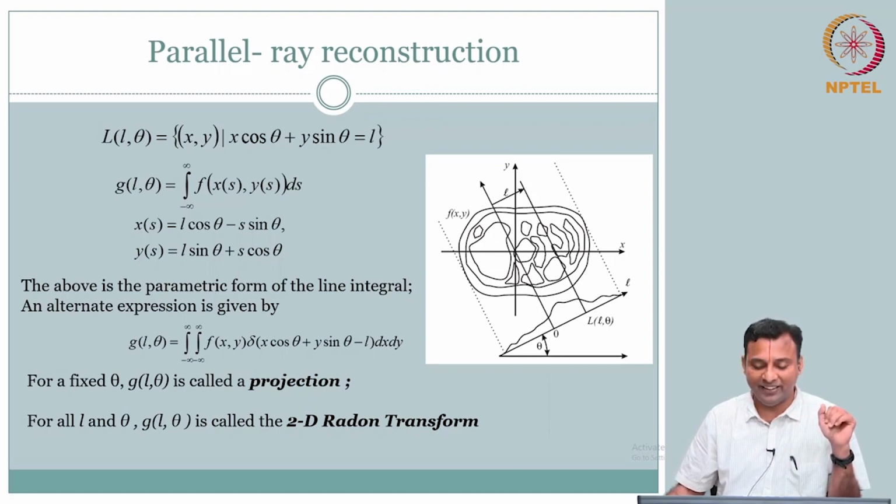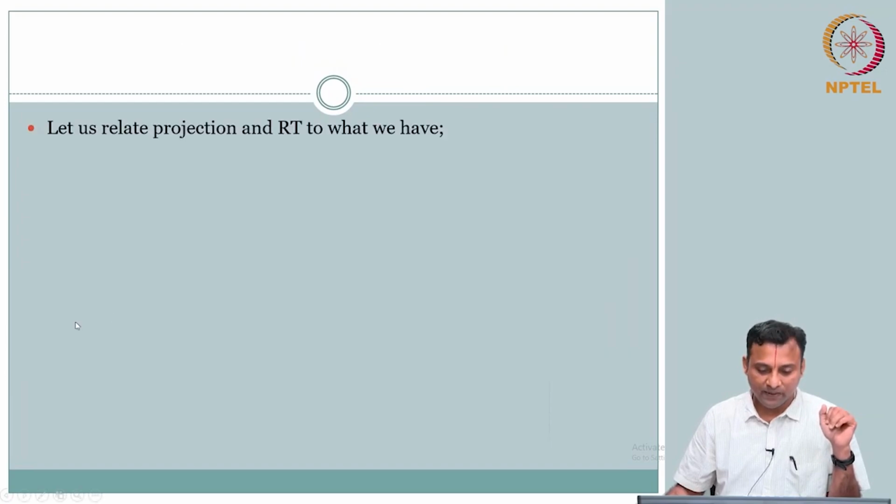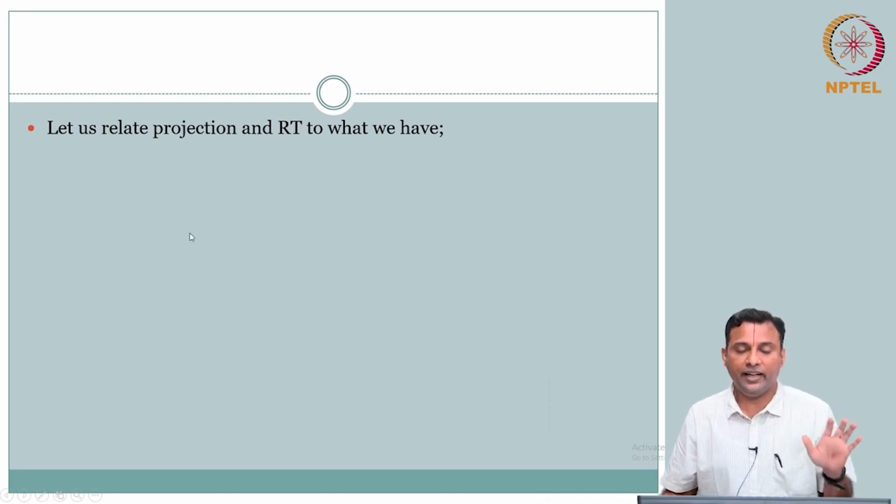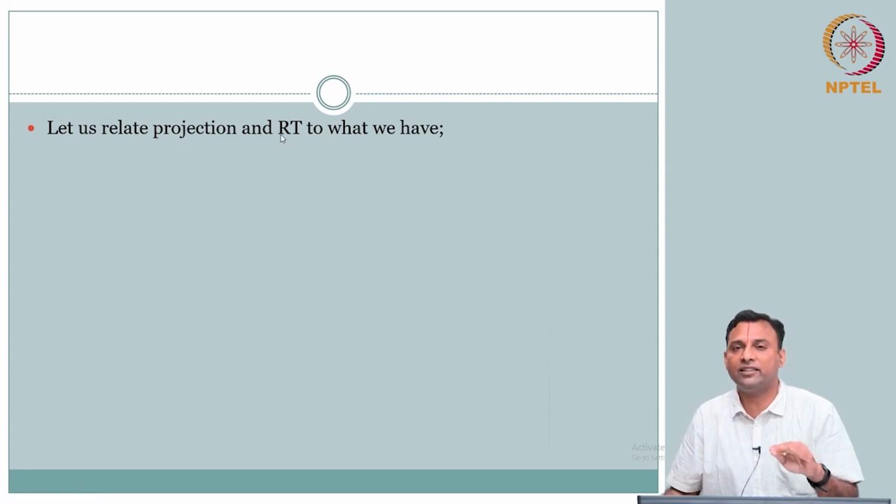nothing is easy. So, what we will do is relate what we have right now, projection and radon transform, which we just completed. We said f of x comma y, g of L comma theta, and we will quickly formalize this. That was parallel development by radon.